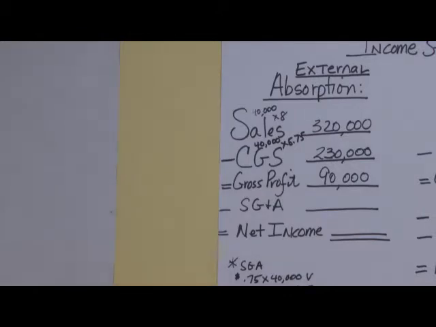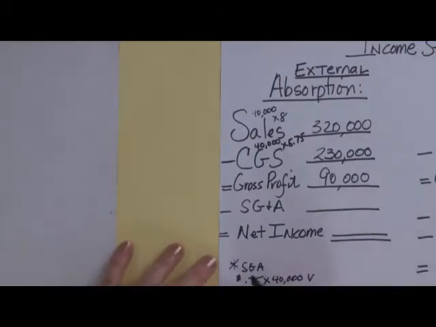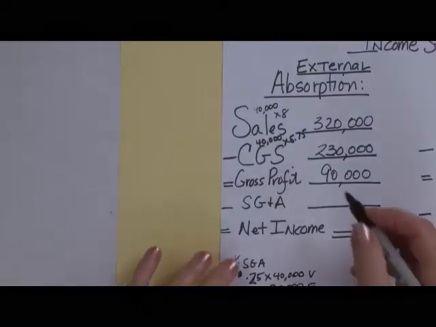So we are going to have, oh, I'm sorry, this is not 75. This is 25 cents. So let's correct that. 25 cents per pencil box that we sell. So we will have a total of $40,000 in SG&A.